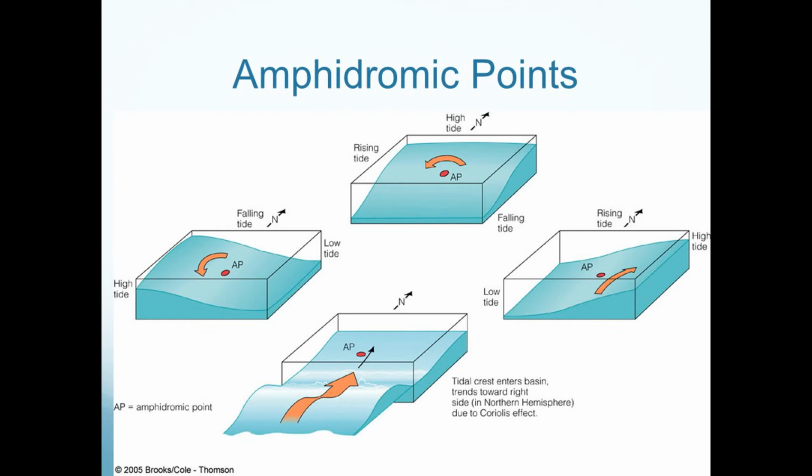So it will rotate around this amphidromic point, and as the tide is rotating around, you can see at the point itself, there is no change in tidal height, but everything around it is changing. Okay, and this is purely created because of continents. If there were no continents, we would have no amphidromic points.